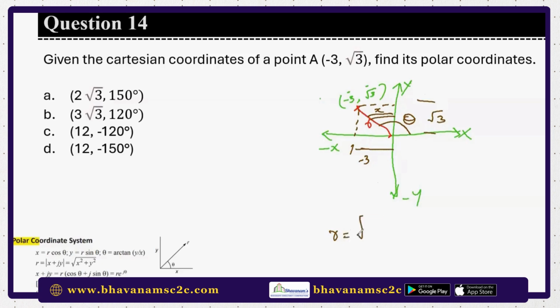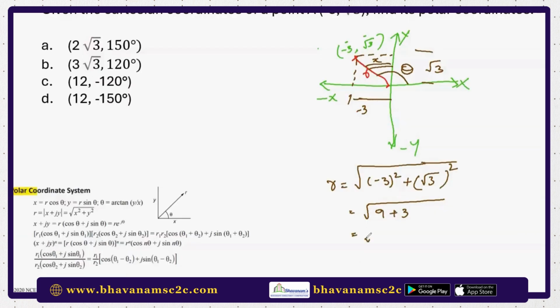What is the formula for the hypotenuse? It is the square root of the sum of the squares of the other two sides. Now it will be 9 plus 3, which is equal to the square root of 12.